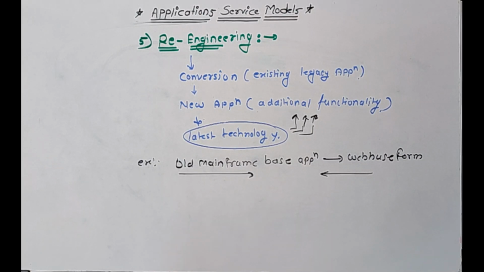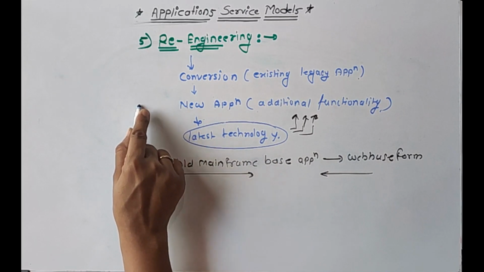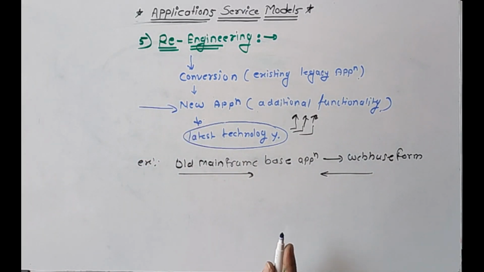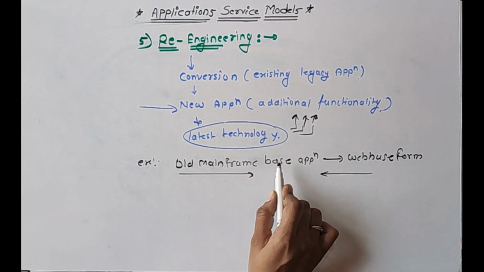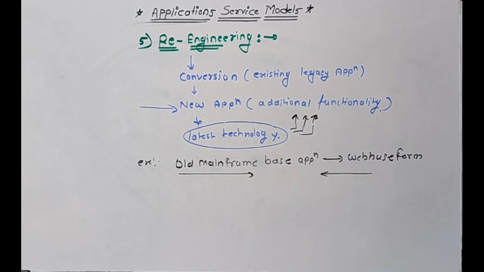It does the conversion of an existing legacy application with additional functionality by using the latest technology, making a new application. So the mainframe based application converting into the web based form is what we consider as a re-engineering service model.